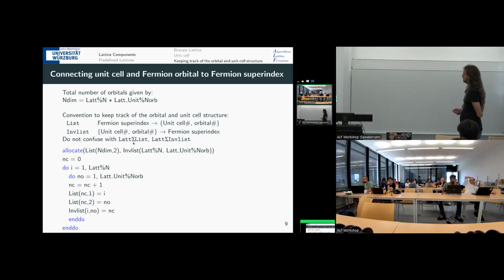And yeah, that's the convention of how the super index is filled and connected to the unit cell index and the orbital index.